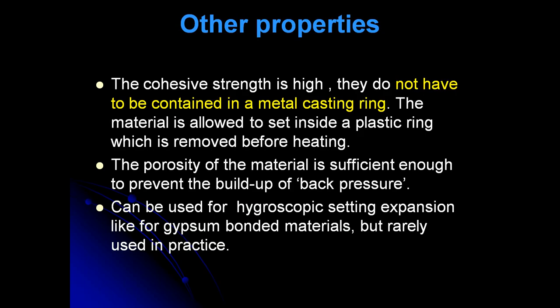The binder in phosphate bonded investment, as I've already told you, is magnesium oxide and monoammonium phosphate. Next MCQ: the investment material used for cobalt chromium alloys is phosphate bonded investment. I hope this is clear to you.